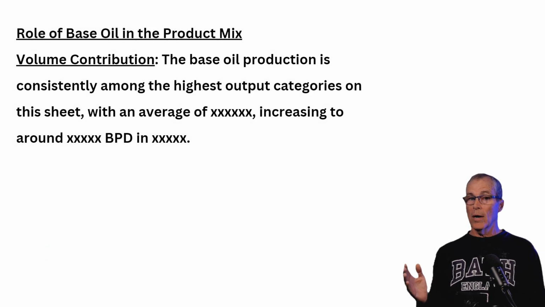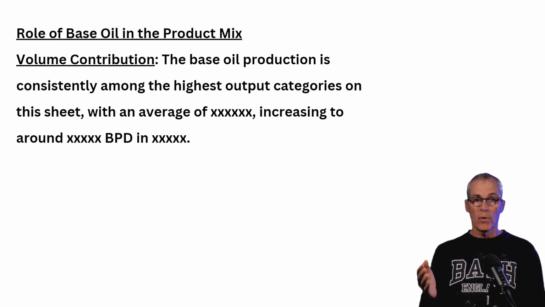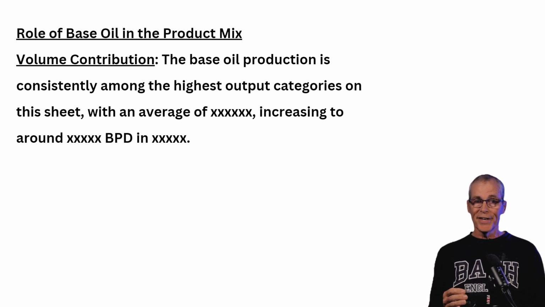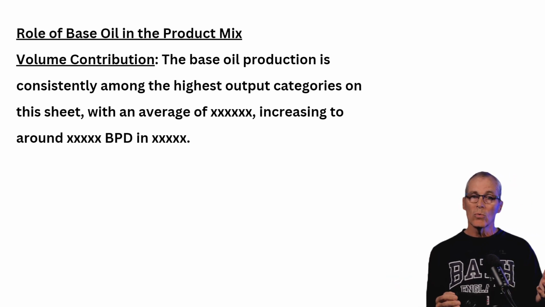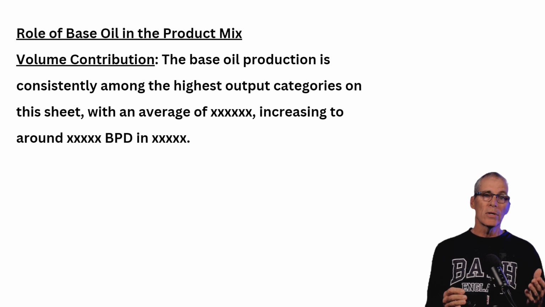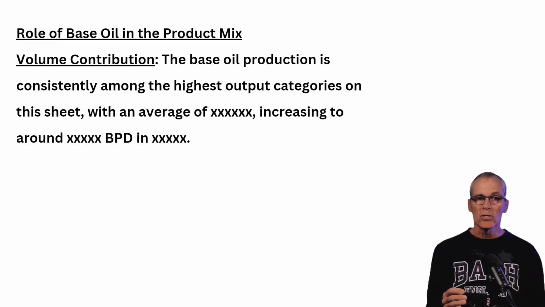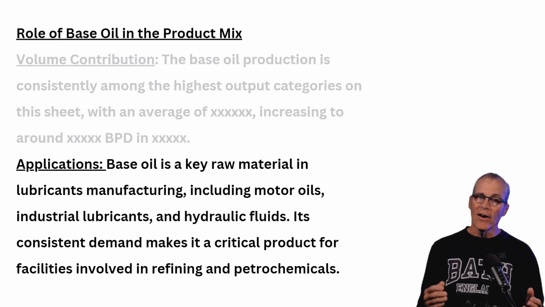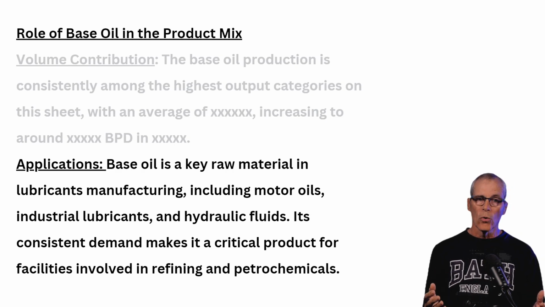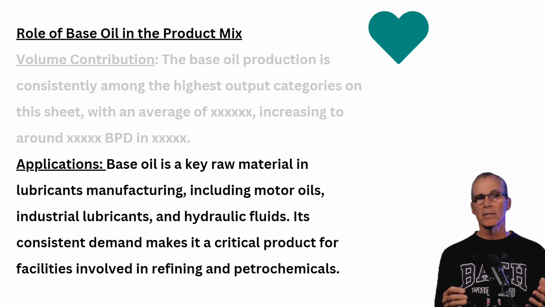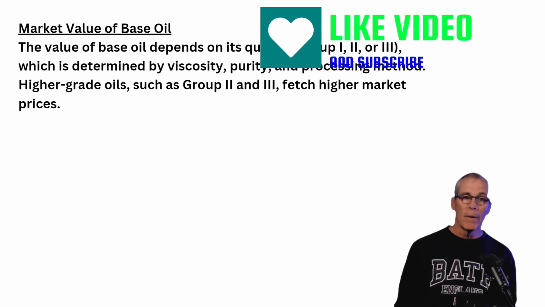I don't know a whole lot about the different product markets, but it told me that the base oil was one of the highest output categories on that sheet, so that facility was good at making base oil. And it told me what base oil is used for. It's a raw material to make the motor oils and the lubricants that this facility manufactures.